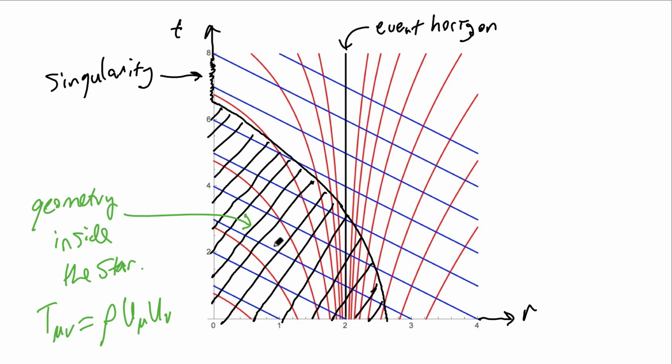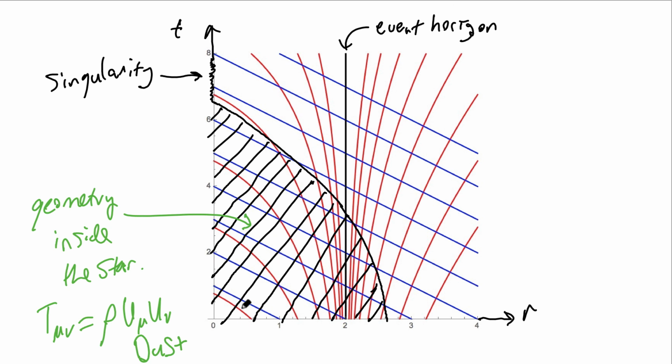So we can imagine that at earlier times, prior to this t=0 surface, the star had some pressure that supported it from collapse. Then at t=0, the pressure support was lost and the star begins to collapse. And we model the material in the star beyond t=0 as a simple dust. And it's this region of the space-time that I want to describe.